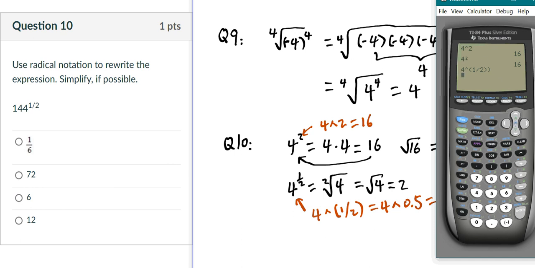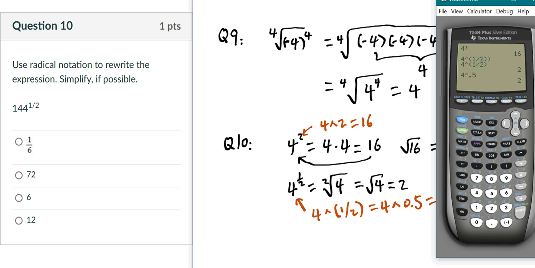I put 2 brackets there, should be 1. 4, arrow, 1 divided by 2, in brackets. That's 2. You may also do 0.5 here on the exponent, because you know 1/2 is 0.5. You also get 2. Okay?